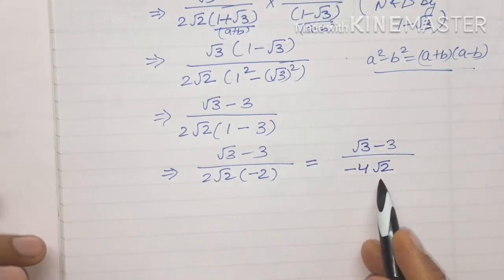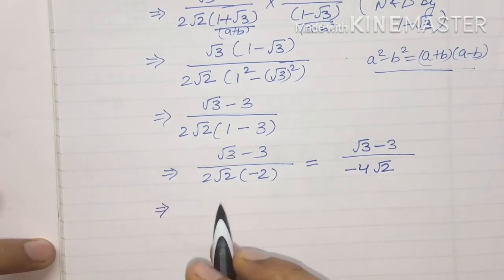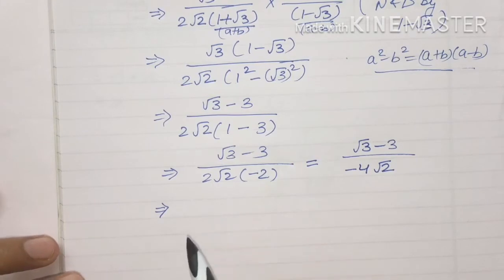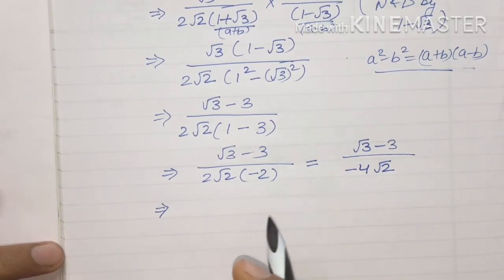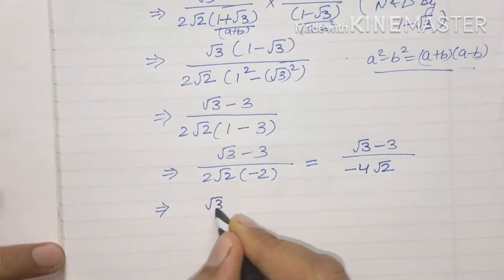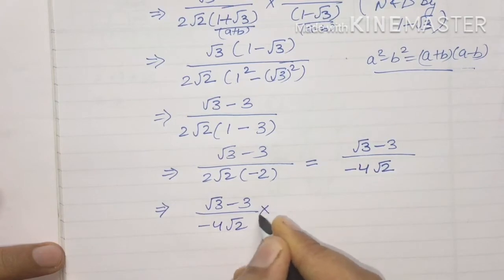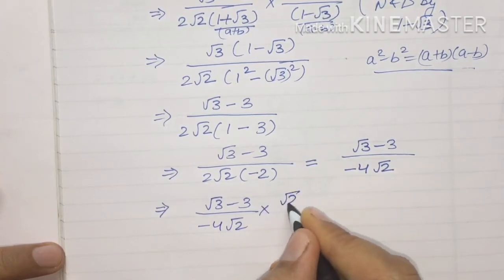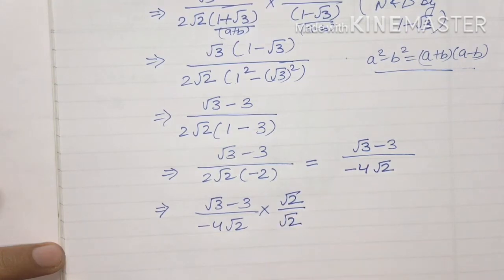So again a root number is there in the denominator. To solve this type of thing, if a number is in root in the denominator, we always rationalize that number. Rationalize means the same thing: minus 4 root 2, we will multiply in the numerator root 2 and in the denominator also root 2.